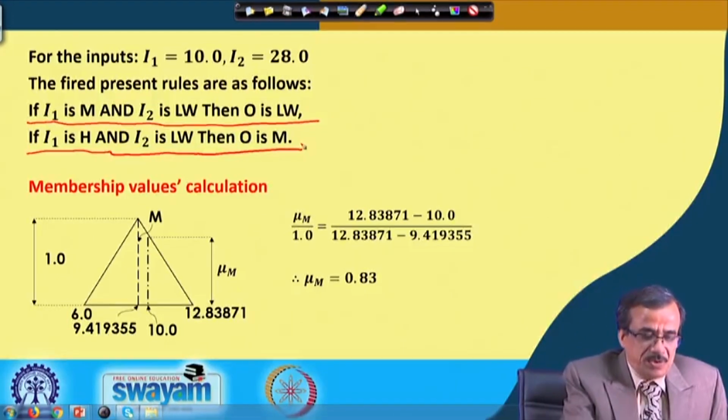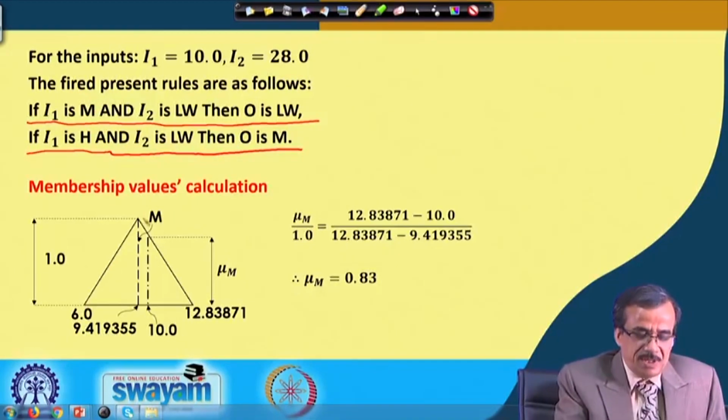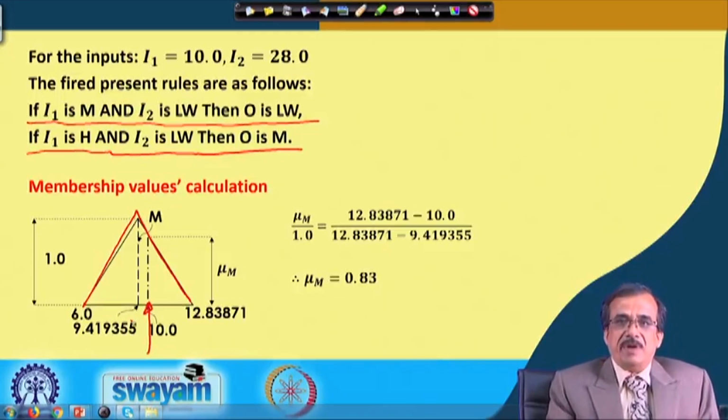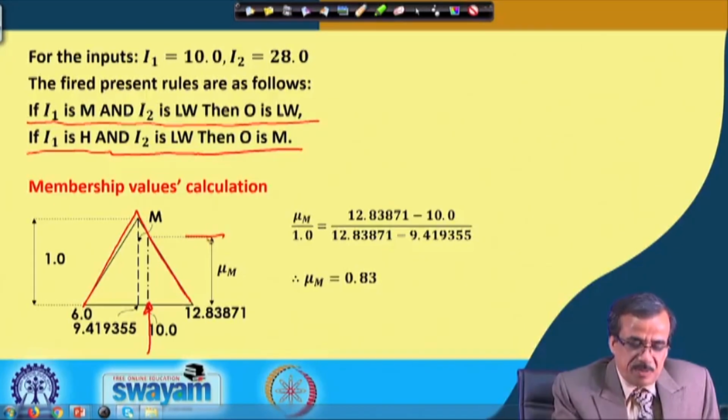Now, corresponding to this, if I1 is medium, this is the membership function distribution for medium. I am passing I1 equals 10, so I should be able to find out the membership function value.